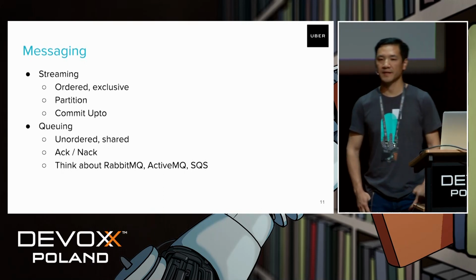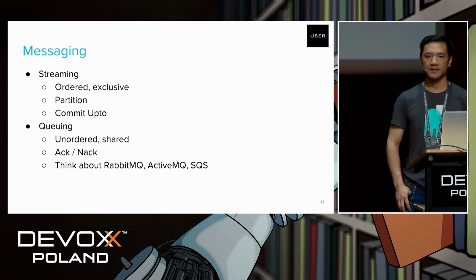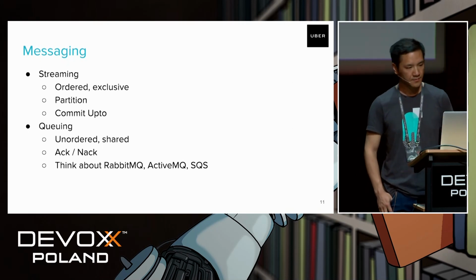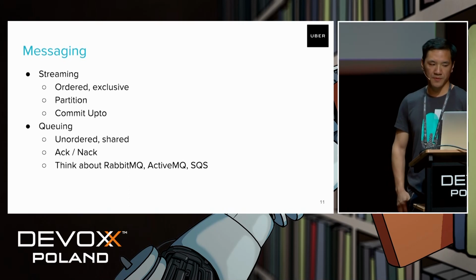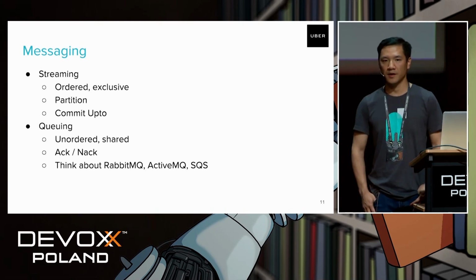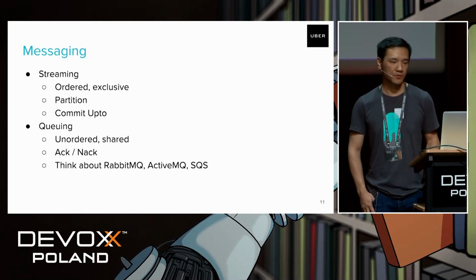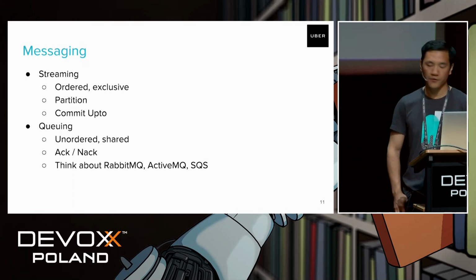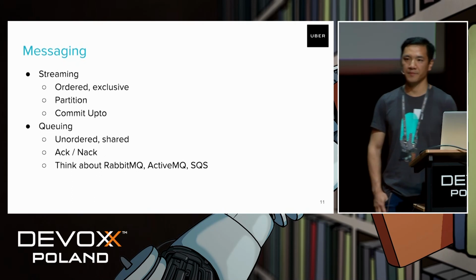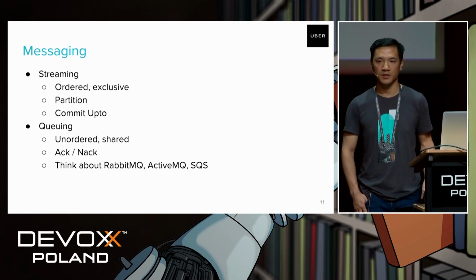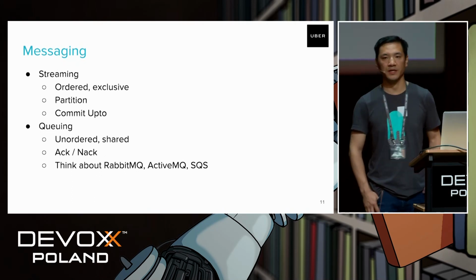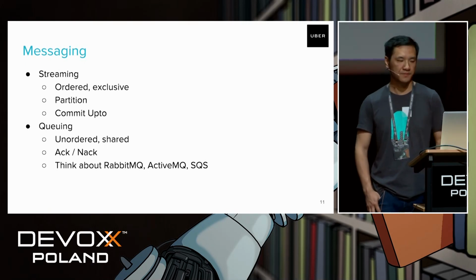Meaning consuming in one consumer group should be isolated from other consumer groups. The data is usually partitioned, and partitions are assigned to different workers. It usually provides a commit-up-to API to keep track of the progress for consumers. For queuing, the messages are usually unordered, and the messages are shared among different consumers.